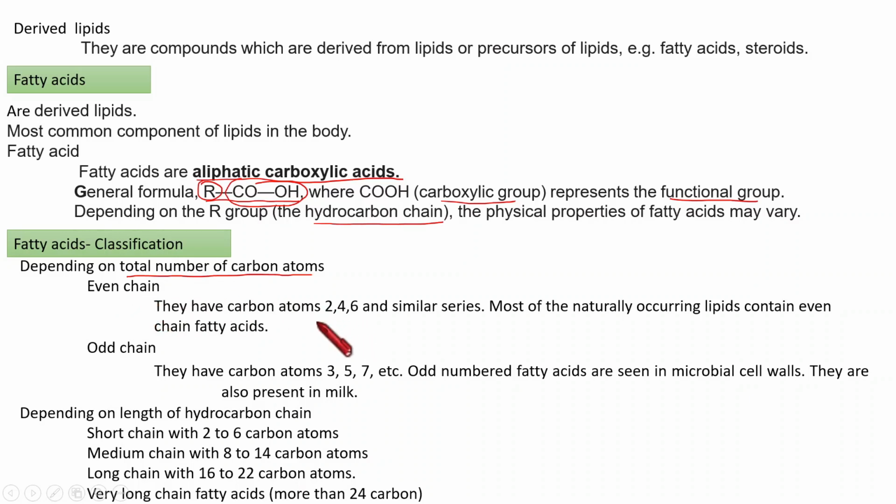Most of the naturally occurring lipids possess even chain fatty acids.